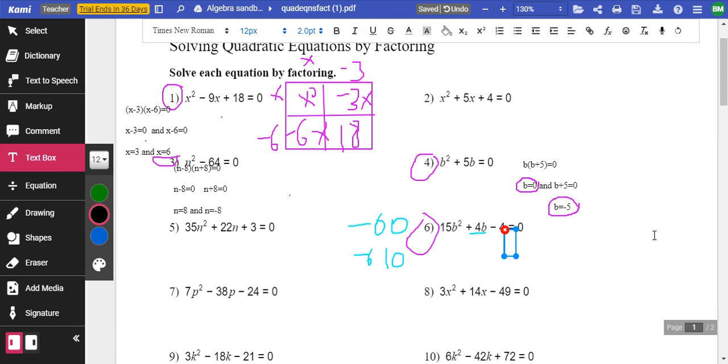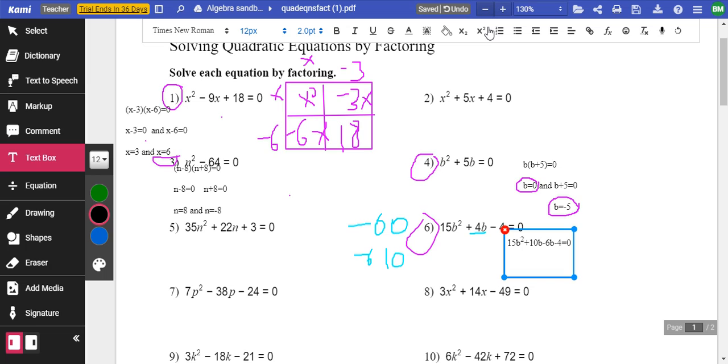Then I'm going to rewrite this. I've got 15b squared plus 10b minus 6b minus 4 equals 0. Then I'm going to take the greatest common factor. So I'm going to take those certain ones together.